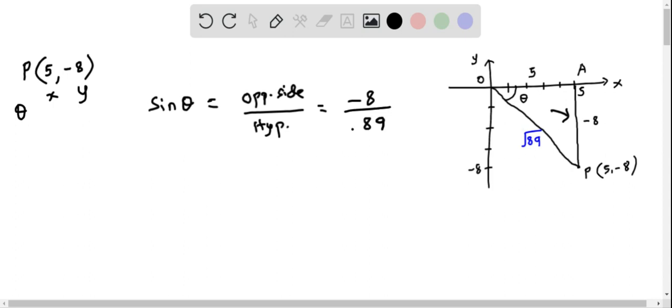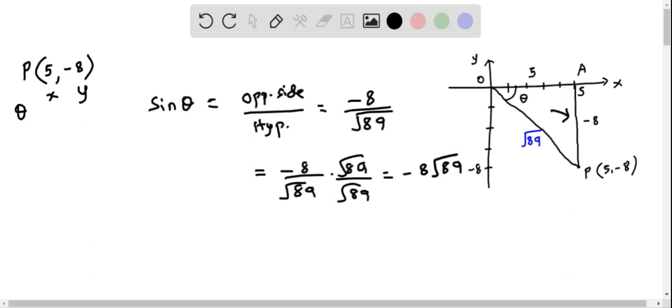So this is -8 over square root of 89. In fact, we can rationalize this: we multiply by root 89 and divide by root 89. So this becomes -8 times root 89 over 89, since root 89 times root 89 is 89. So this is sine theta.